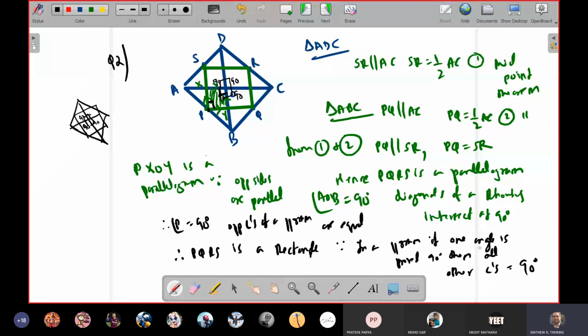So we are using the same concept as we did in question 1, that is the midpoint theorem.